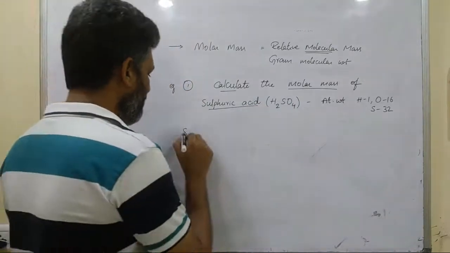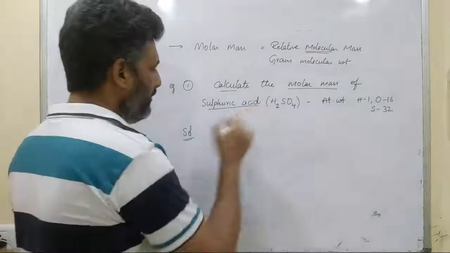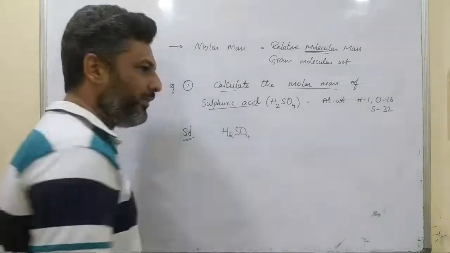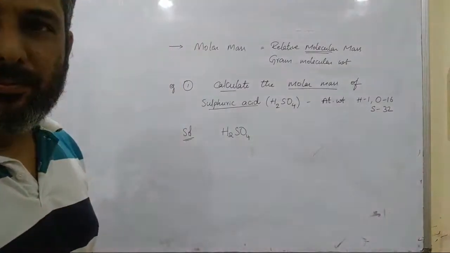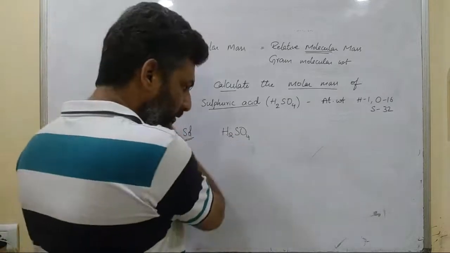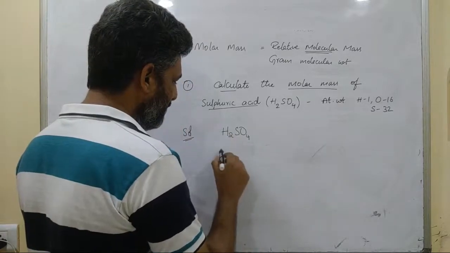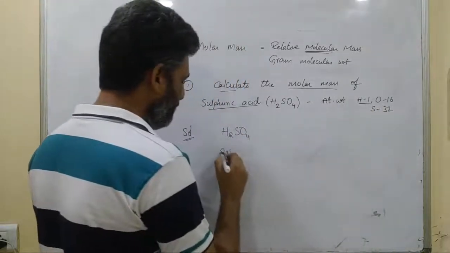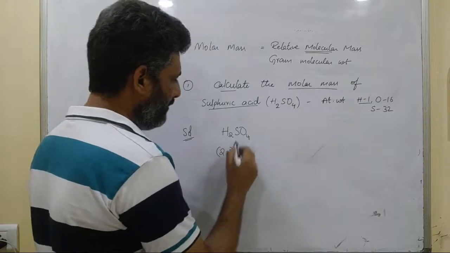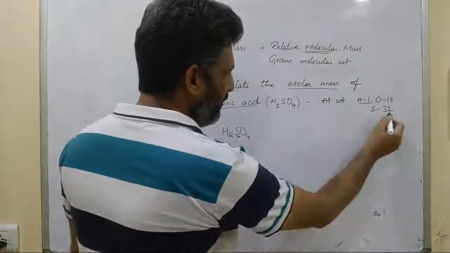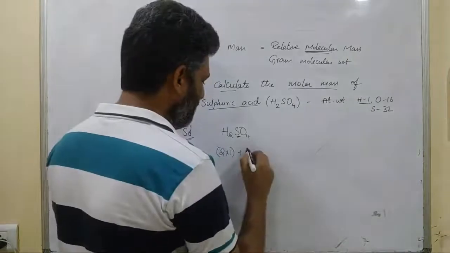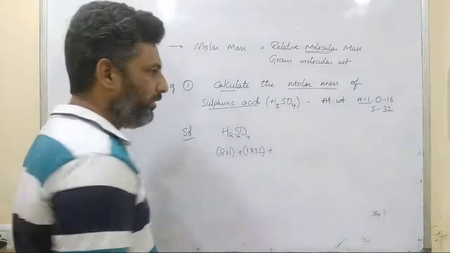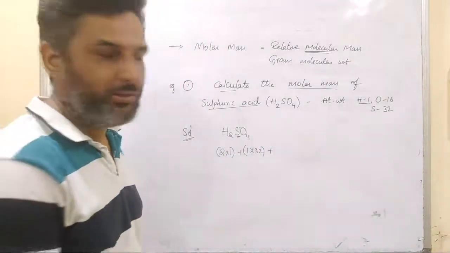So here you are going to write the molecular formula of that substance, which is sulfuric acid here. So here you got two hydrogen atoms. So two hydrogen atoms into hydrogen's atomic weight 1, so 2 into 1, plus one sulfur atom, which is 32, so 1 into 32, plus 4 oxygen atoms are present in H2SO4.